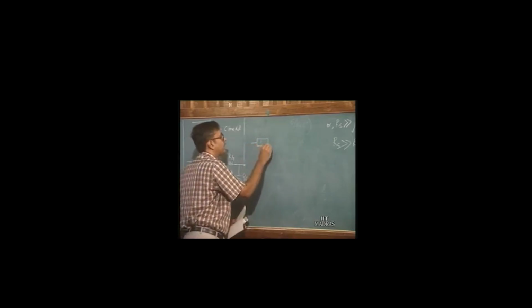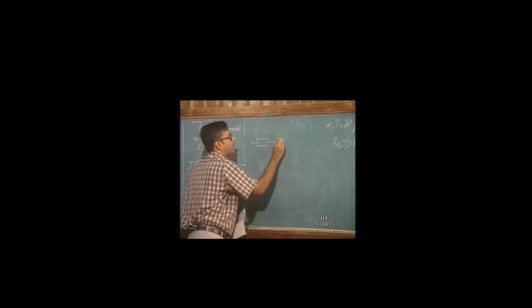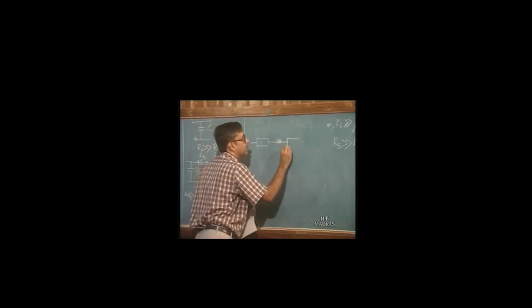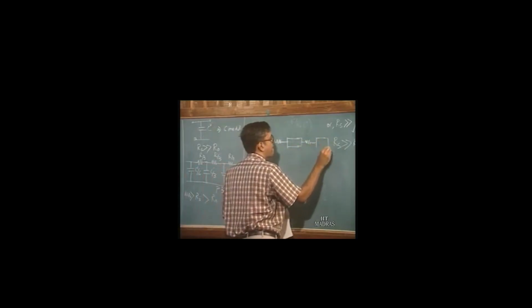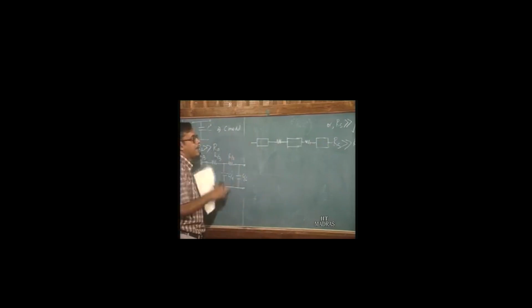Basically you have a structure like this, with one more section here. So this is a 4-section transmission line model.